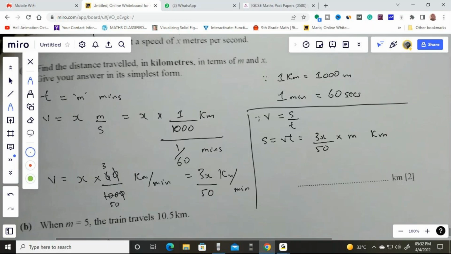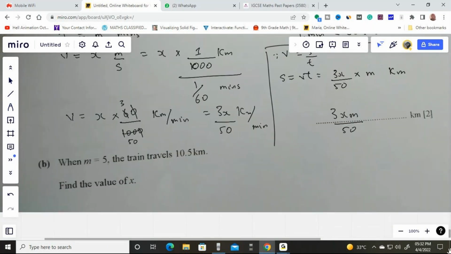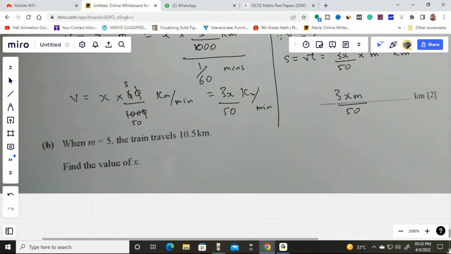So the answer is coming out to be 3xm upon 50 kilometers. You can check it out. 3mx upon 50. Now when m is 5 and distance s is 10.5 kilometers, you can get your x.